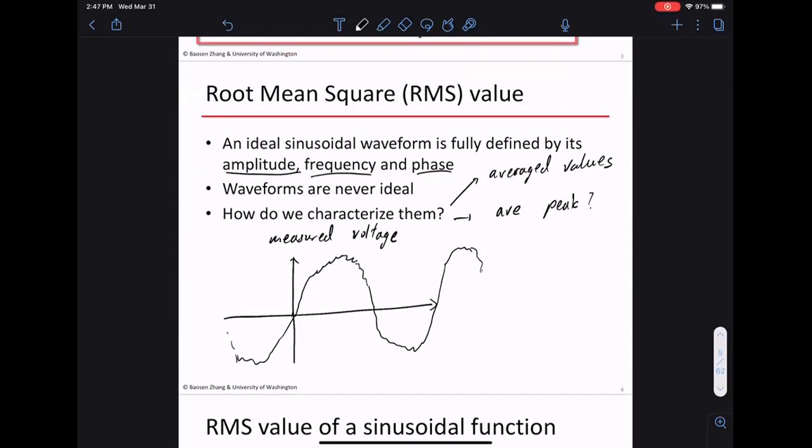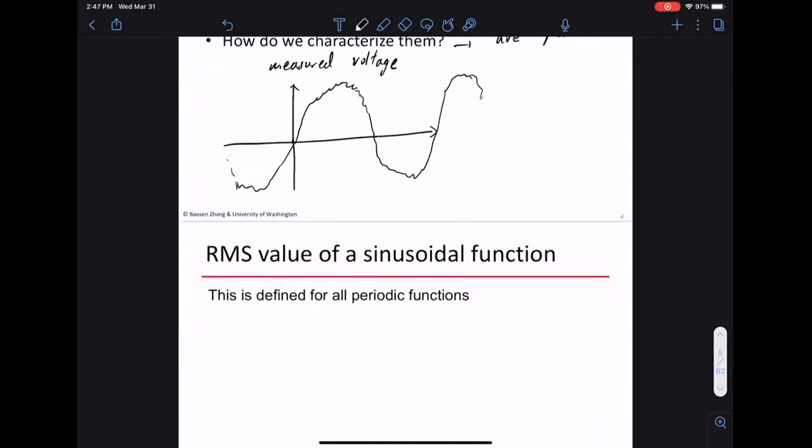So the way we end up characterizing the signals is we define something called an RMS value. If you take an oscilloscope, plug into the wall, and try to measure the voltage, how big the voltage is, what we end up measuring is the so-called RMS value of a signal.